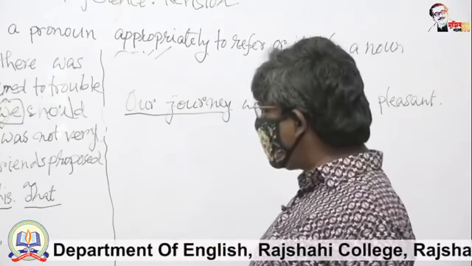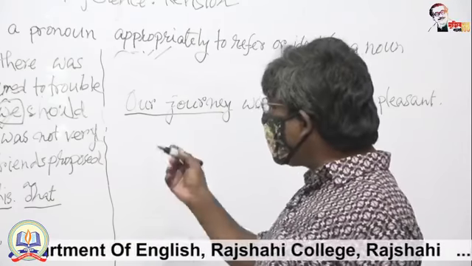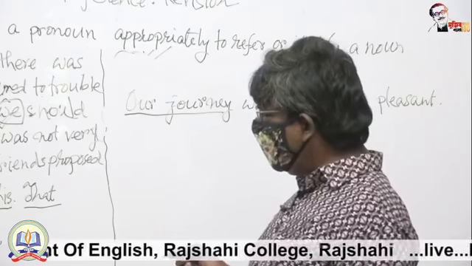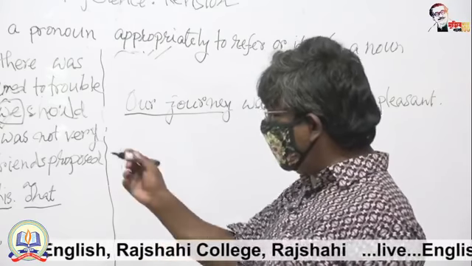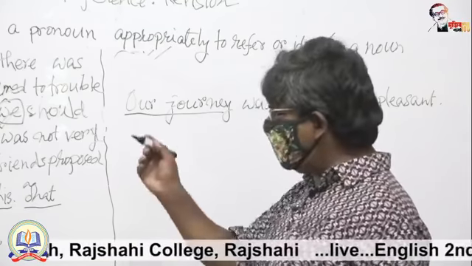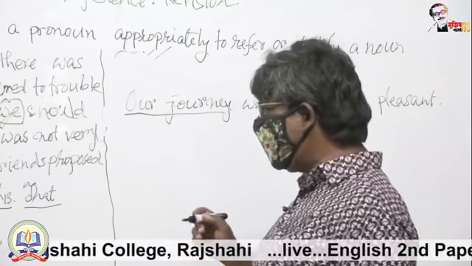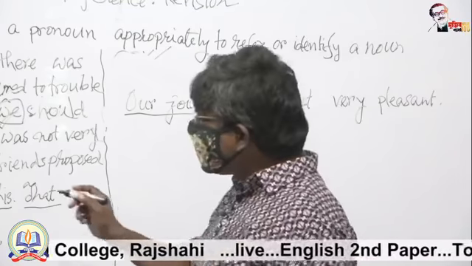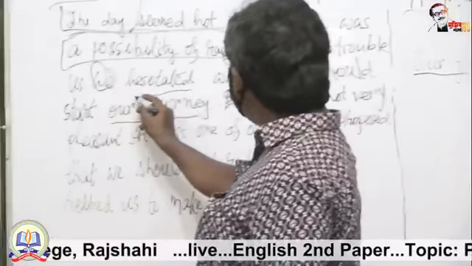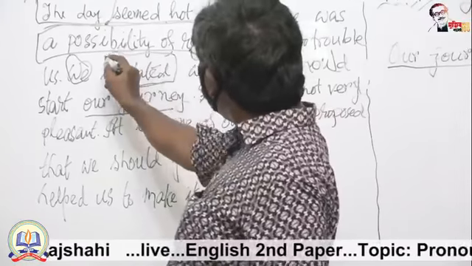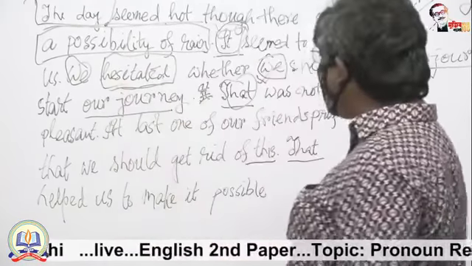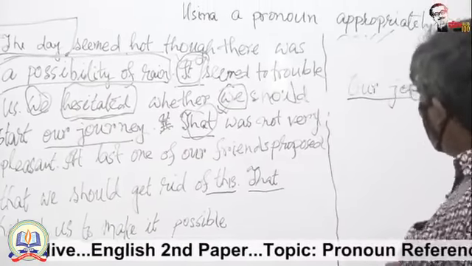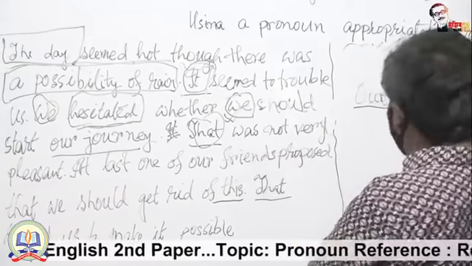Because there was a possibility of rain. So what did they do? They hesitated. The speaker and his companions hesitated. This hesitated functions as the reference of this that.